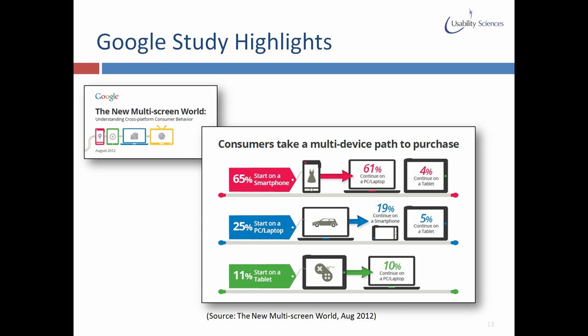So as you can see here, 65% of users are starting their experiences on a smartphone, but then will continue on to either a desktop or, much fewer, to a tablet and complete that experience or that purchase in this case. And similarly, users may start their experience on a desktop and then move to a smartphone or a tablet. So with this in mind, it's become even more important to really take a look at the comprehensive experience across devices and really making sure that the experience holds up.